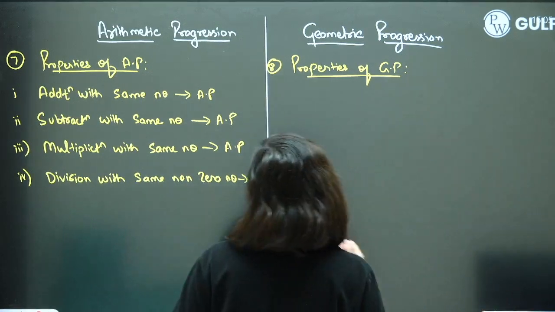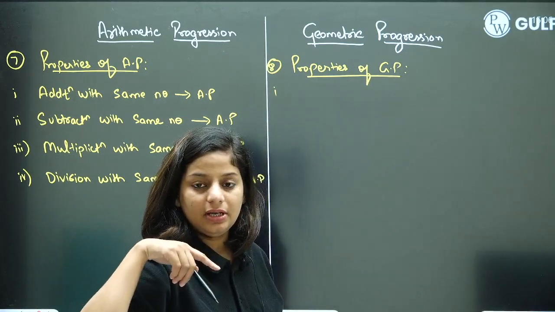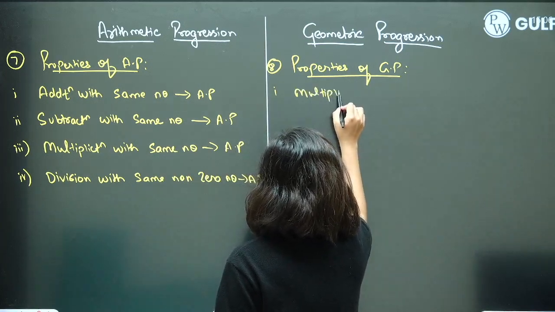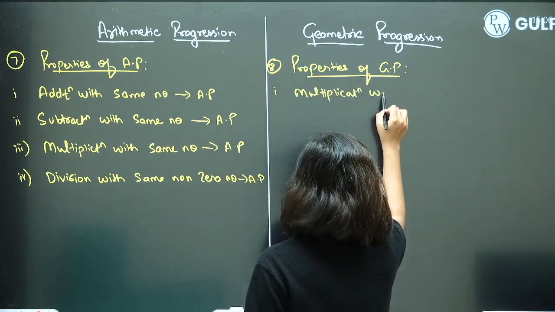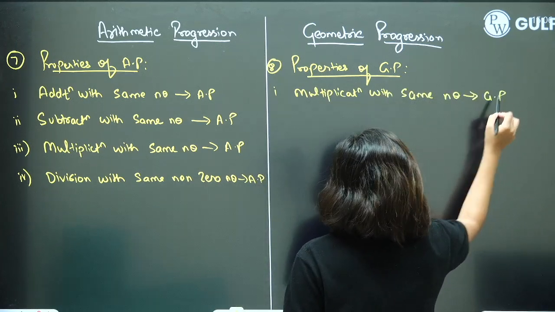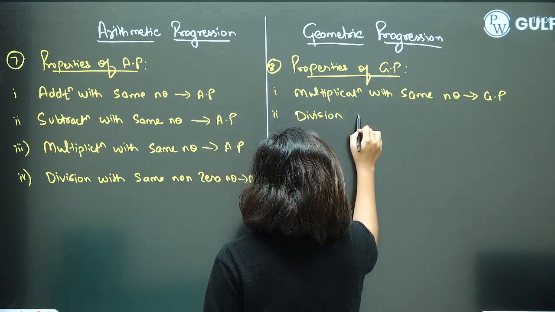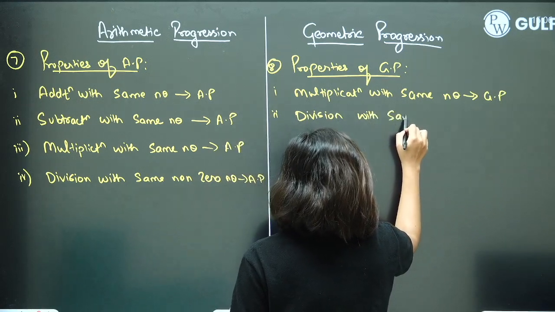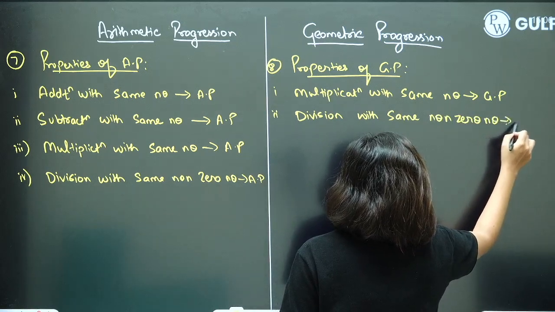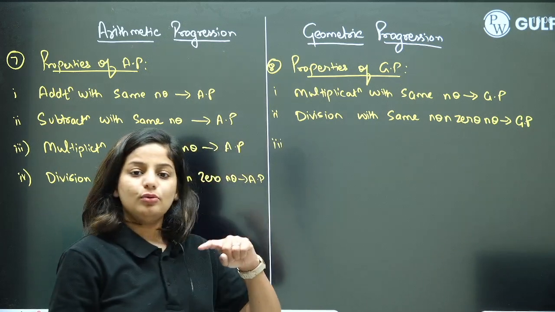What happens in GP? Will adding the same number give me a GP? No, addition and subtraction will not give us a GP. Multiplication with the same number gives a GP. Division with the same non-zero number also gives a GP; you cannot divide with zero. And the third property: raising to the same power.